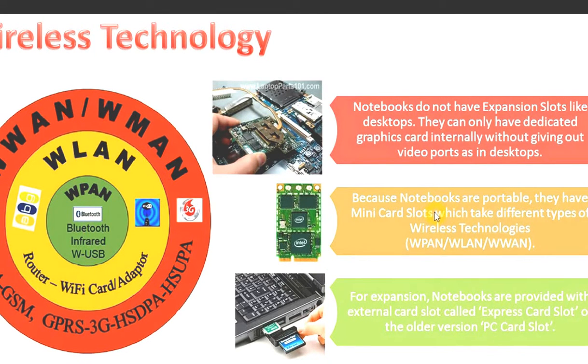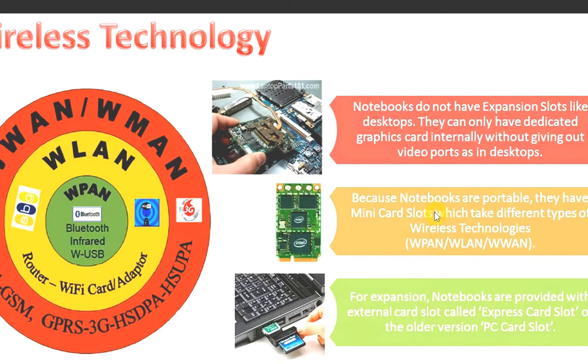Because notebooks are portable, obviously they need to have these wireless technologies, because that is the whole idea. We use notebooks so that we can use internet, we can travel with the internet, and we can use all those internet applications that we have been using. So that is the reason they have mini card slots. Now we're going to look at all this in a specific picture in the next slide.